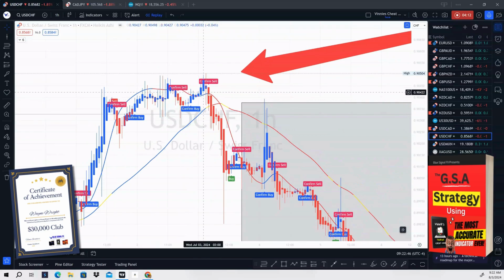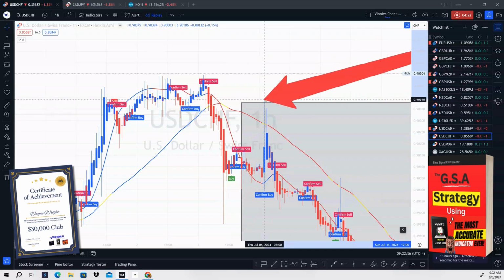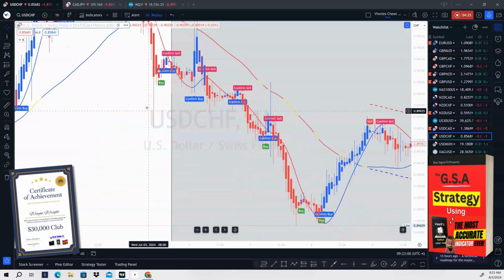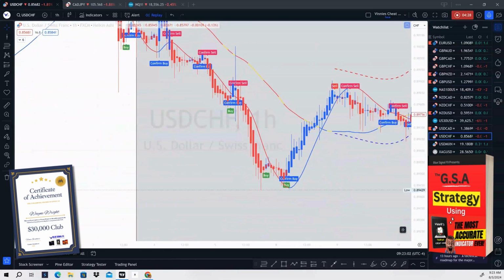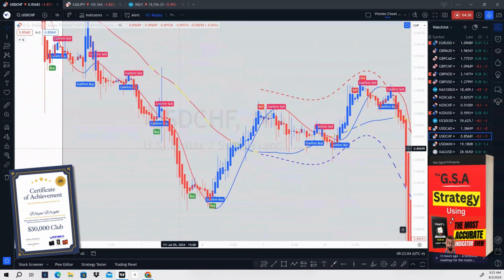So price broke below the HMA and the SMA here. Then price came back up to retest. Once that retest happened, we were good to go for a sell. And that's exactly what happened. Price sold off, did a correction on the 1-hour, and then it sold off again.